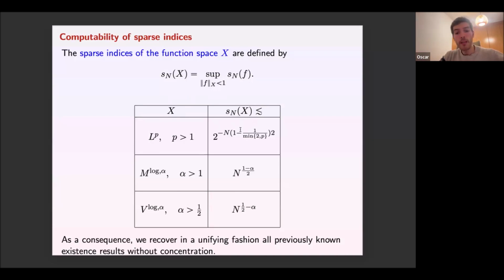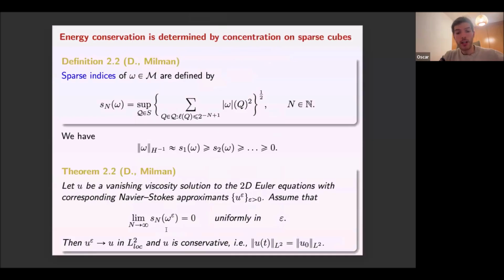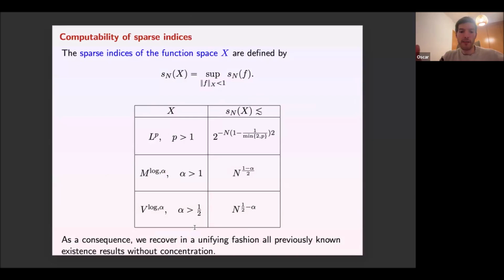So with L^p, we obtain exponential decay. With Morrey, we have this polynomial decay. And with Besov, we are able to get a better decay, given by this behavior. Note that all of these converge to 0 as n goes to infinity, and then we can use this result in order to recover the DiPerna-Majda result, Lopes Filho, Nussenzveig Lopes, Tadmor, and also Tadmor, in a unifying fashion in terms of sparseness.